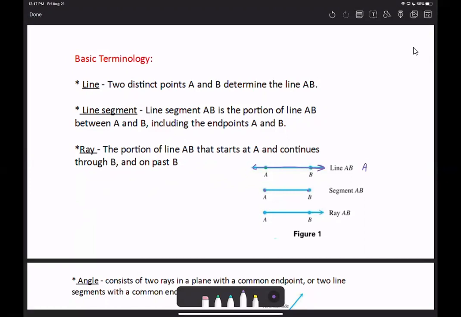We denote the line as line AB, and the segment as segment AB. We can also construct a ray, which goes in one direction, and we notate it as ray AB. A ray, the portion of a line, starts at A and continues through B indefinitely.